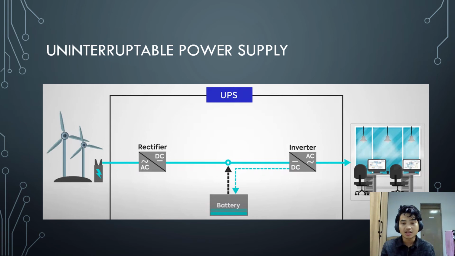The supply AC coming from the grid is converted to DC to charge the battery, and the battery is then converted back into AC to supply the load. So this battery acts as a perfect source of energy for the load for a period of time, and any irregularities happening on the supply side are completely mitigated.